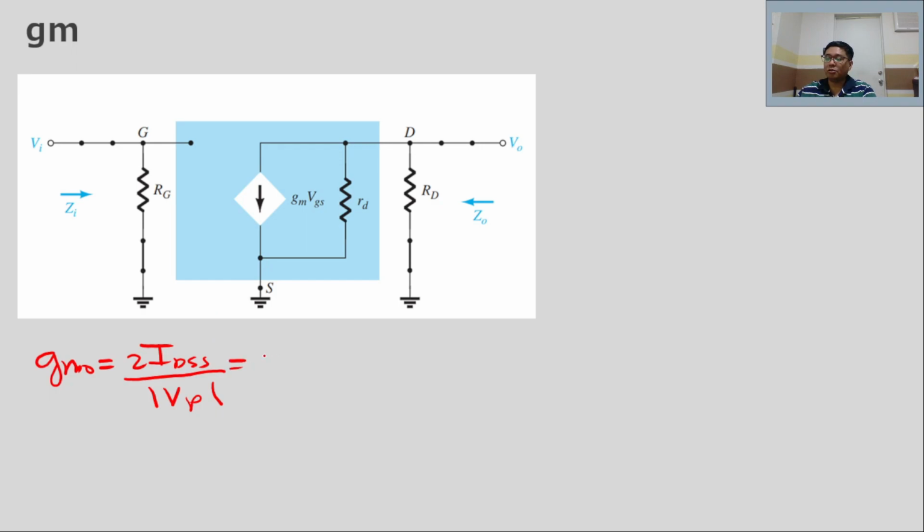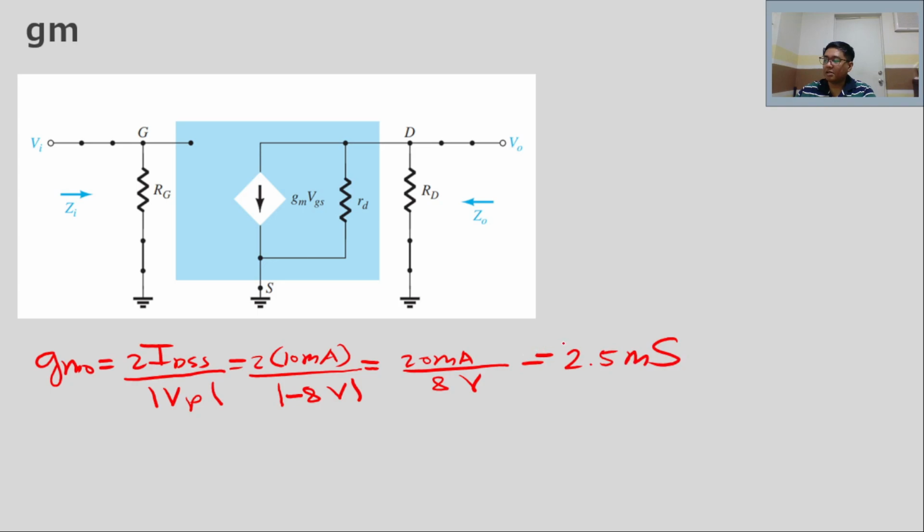This is equal to 2 times IDSS of 10 milliamperes divided by the absolute value of negative 8 volts. This is equal to 20 milliamperes divided by 8 volts. This is equal to 2.5 millisiemens.